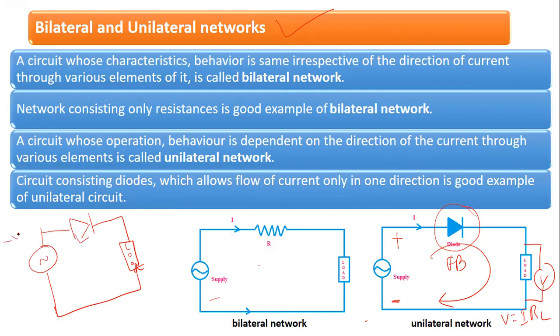Now for the negative half cycle, this end will become negative, this end will become positive. So that means this diode will now be reverse biased. Now what will happen if this diode is reverse biased? This point will behave as an open path.